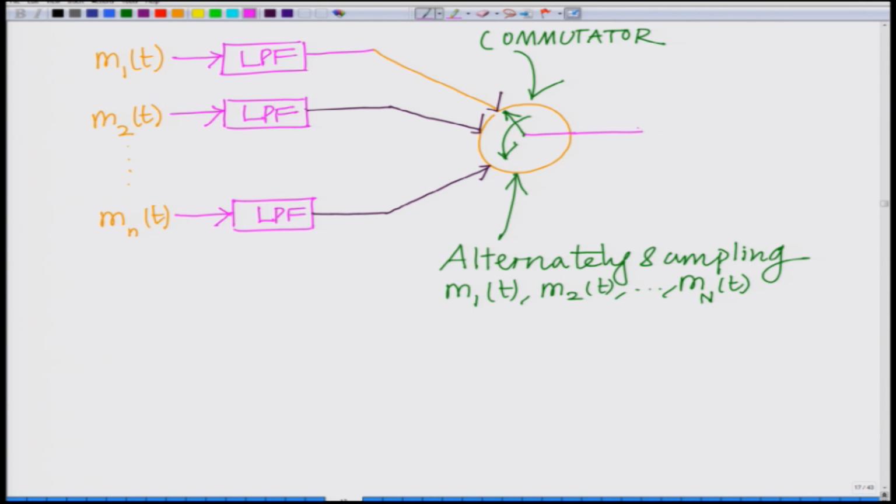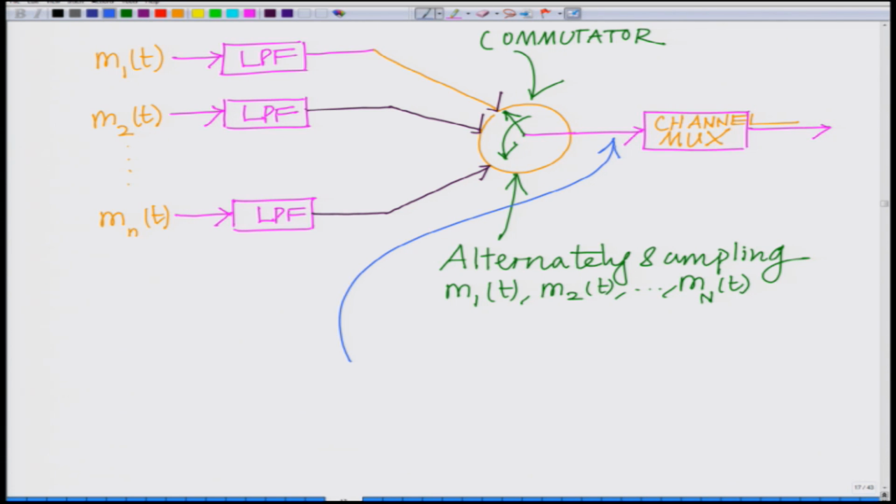These are then multiplexed for transmission over the channel. These signals are sampled to obtain a composite, so the commutator alternately samples m1(t), m2(t), and so on.